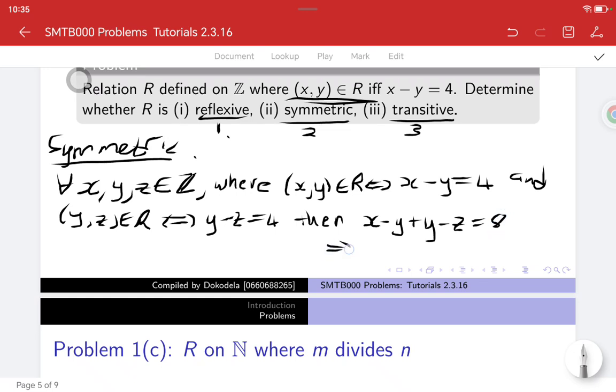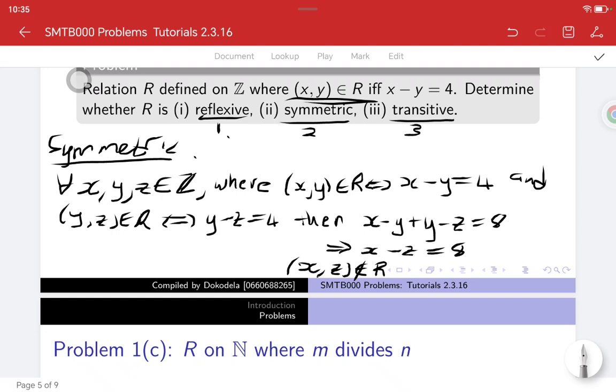And then this will be x minus z. This doesn't give us 4, it gives us 8. Hence, it means that x cannot be related to z. In other words, (x, z) is not an element of R. So we realized something: this is not reflexive, it's not symmetric, and it's also not transitive. So that's what we get from this question.